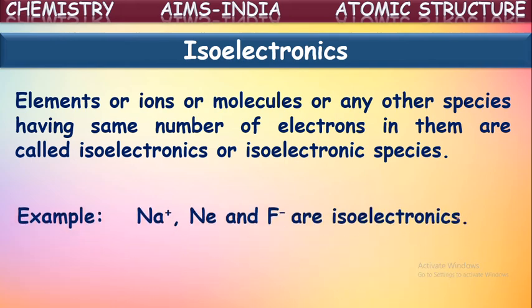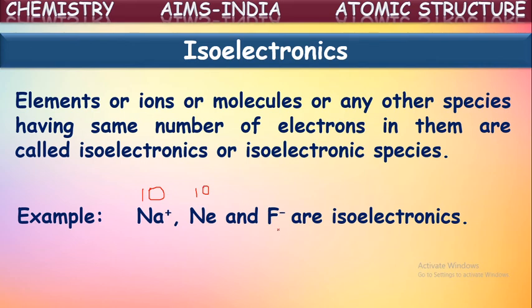For example, Na plus and neon and even F minus, these three are called isoelectronics because if you observe the number of electrons, generally for sodium there will be 11 electrons, but it is mentioned here Na plus, which means it lost one electron, so number of electrons in Na plus is 10. We know atomic number of neon is 10 and it has 10 electrons.